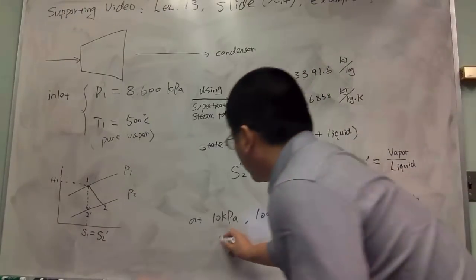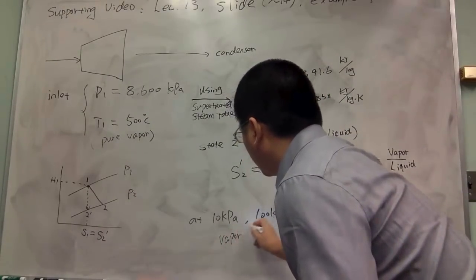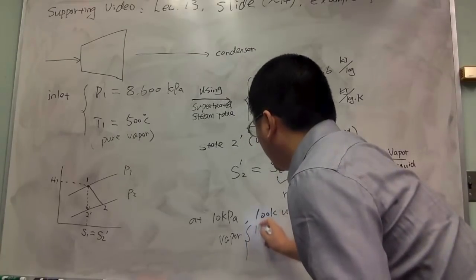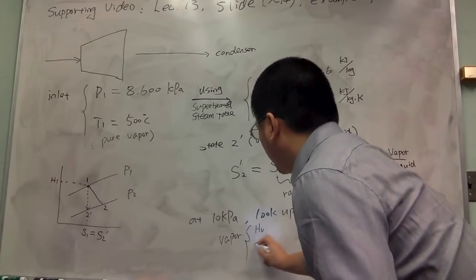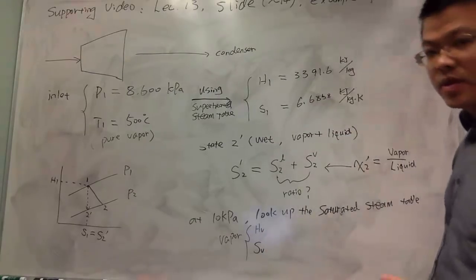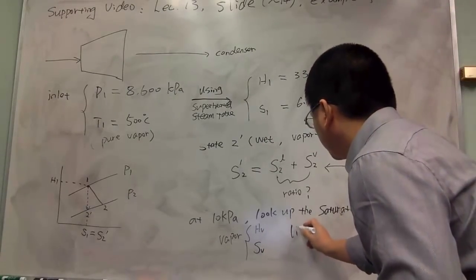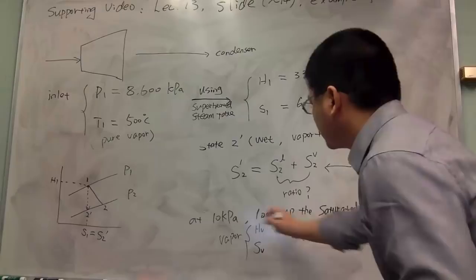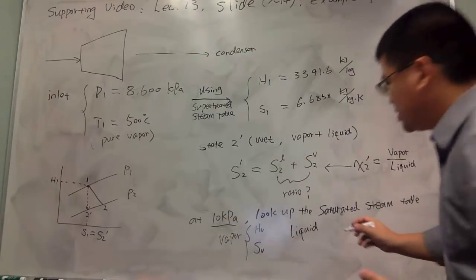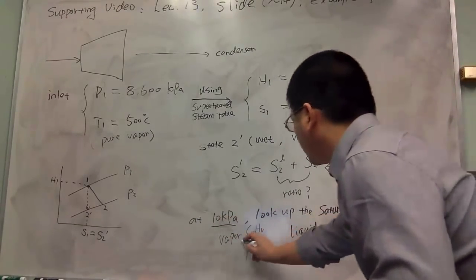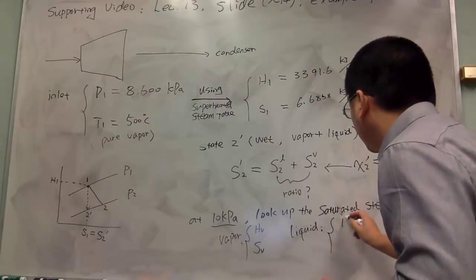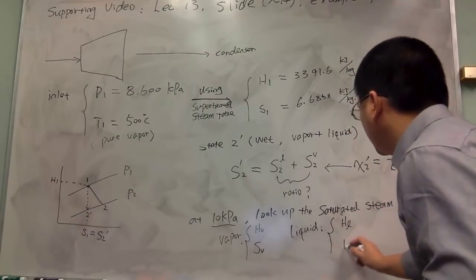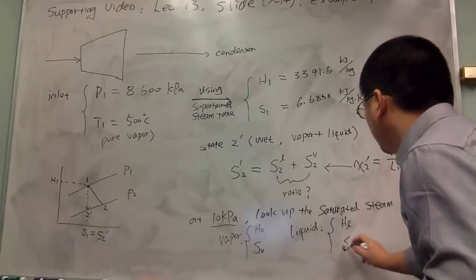I would have vapor: H vapor, S vapor, and I could also have the corresponding liquid at that pressure condition: H liquid, S liquid.